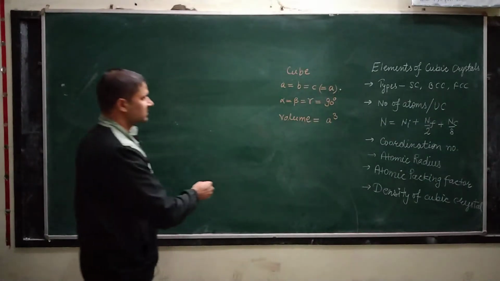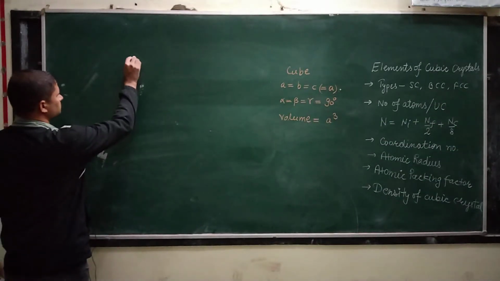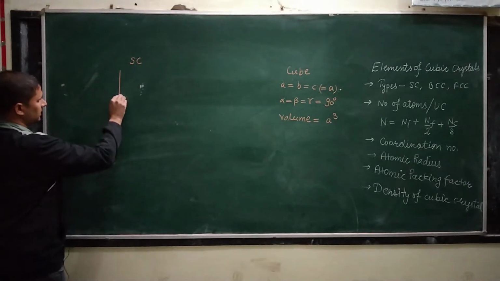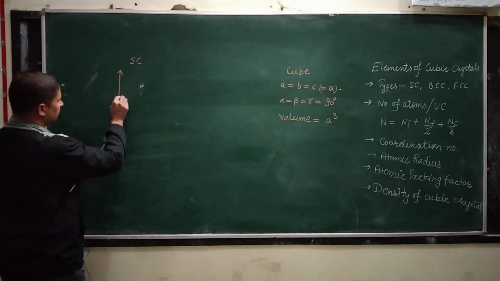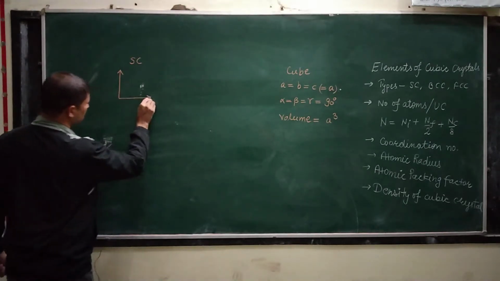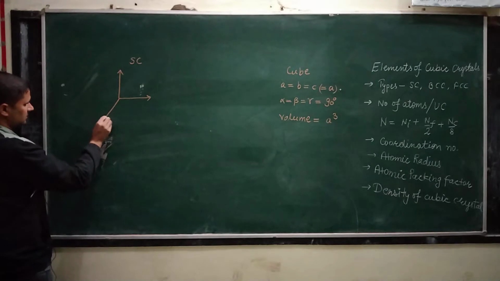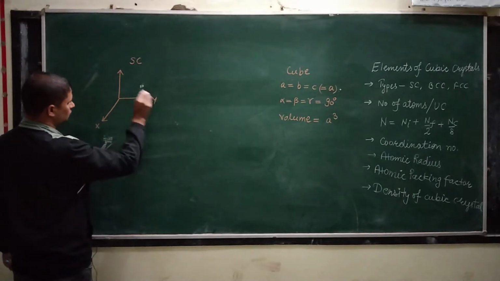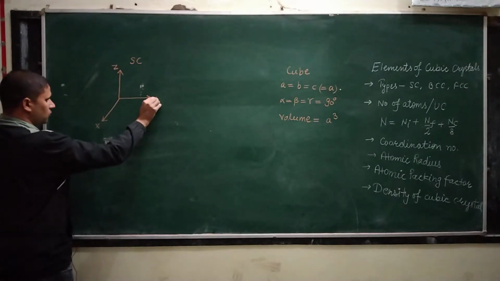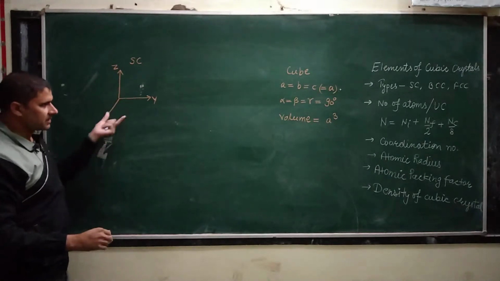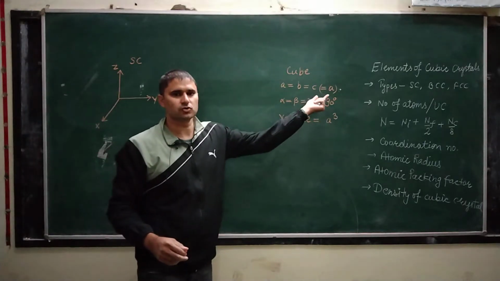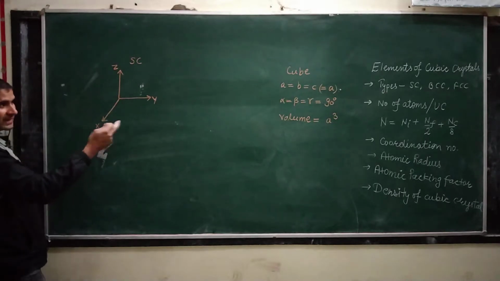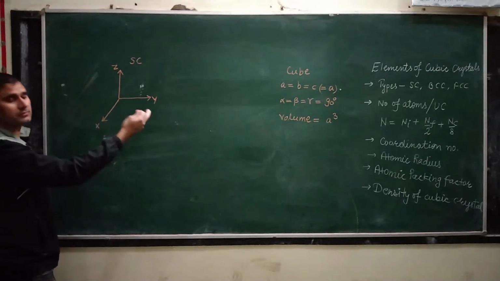Okay, so I am taking the simple cubic here. This is simple cubic. Here you will see this is the Z direction, as we have seen earlier. This is the X direction, X, Y and Z. Along all three crystal axes, the particles are present at a distance of A. So this is the length of the primitive translation vector.